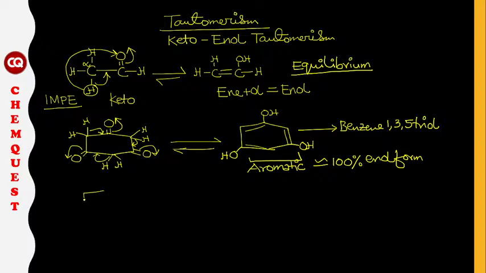But in this case of keto, with sp2 carbon at the alpha position and 2 methyl groups, this type of compound has 2 sp2 alpha carbons.